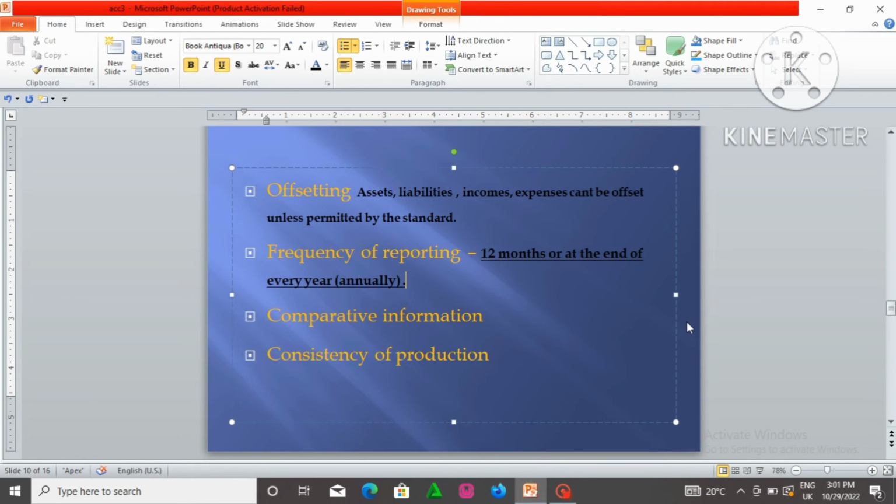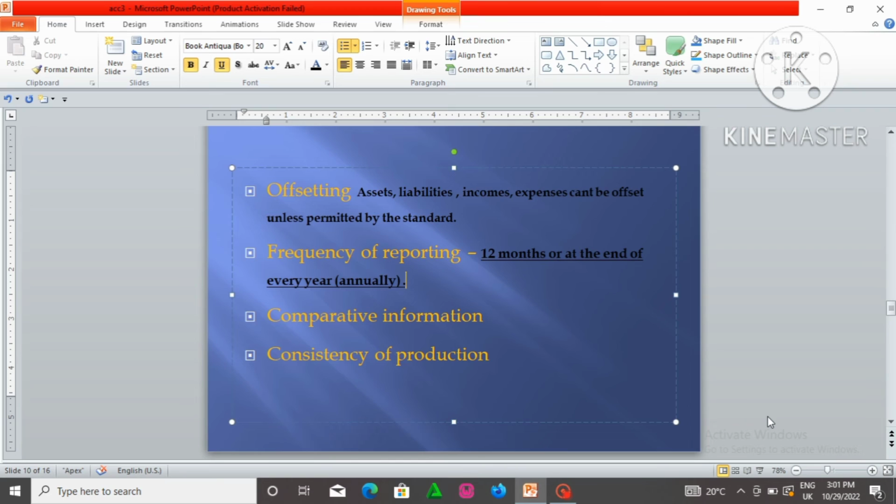And they should also disclose the fact that the comparative amounts given for the previous period are not directly comparable with those given for the current period. That is if they change their accounting date to a period that is longer or shorter than 1 year. So the frequency of reporting is a period of 12 months, or at the end of every year, so literally annually.